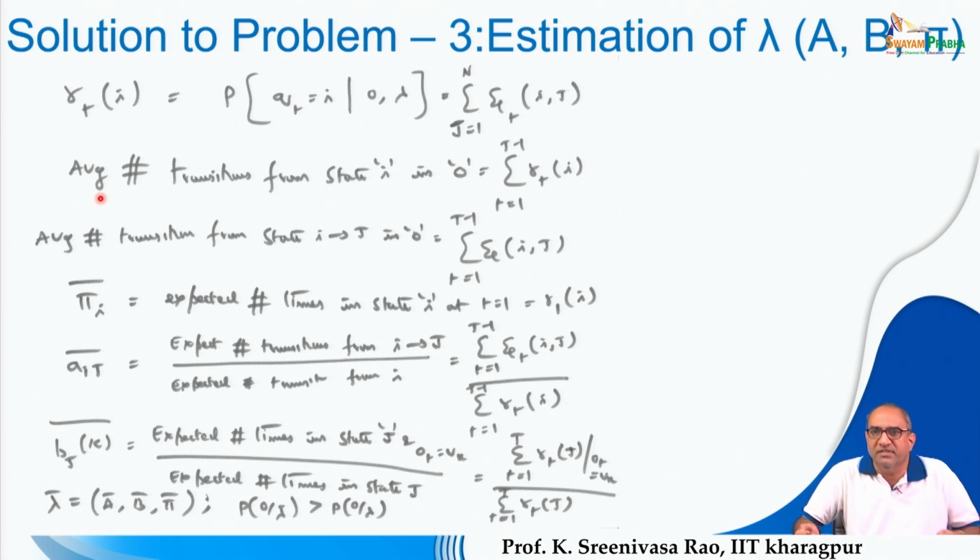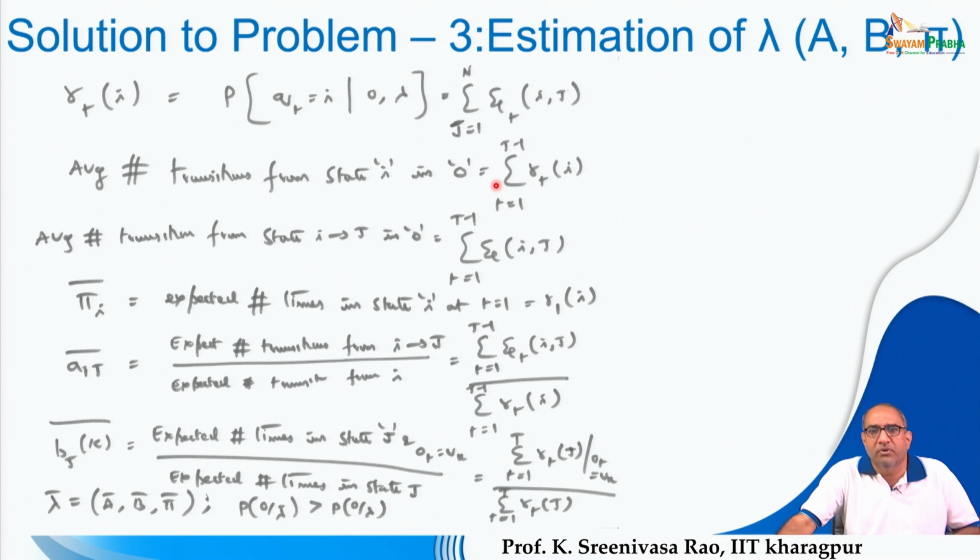The state sequence is like O1, O2, O3, up to OT, and suppose there are 100 observations. So, the question is how many times the state i is visited in the total number of observations.